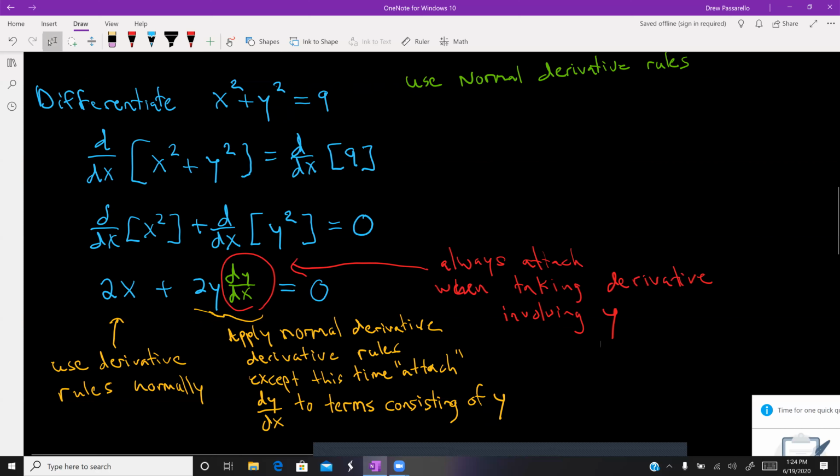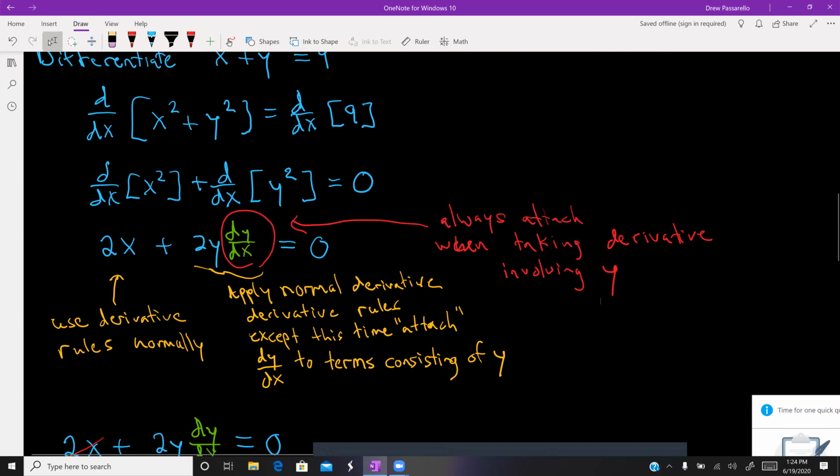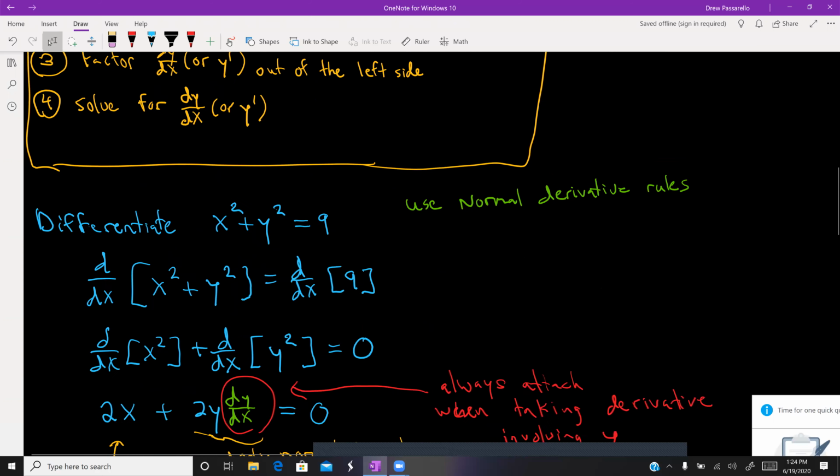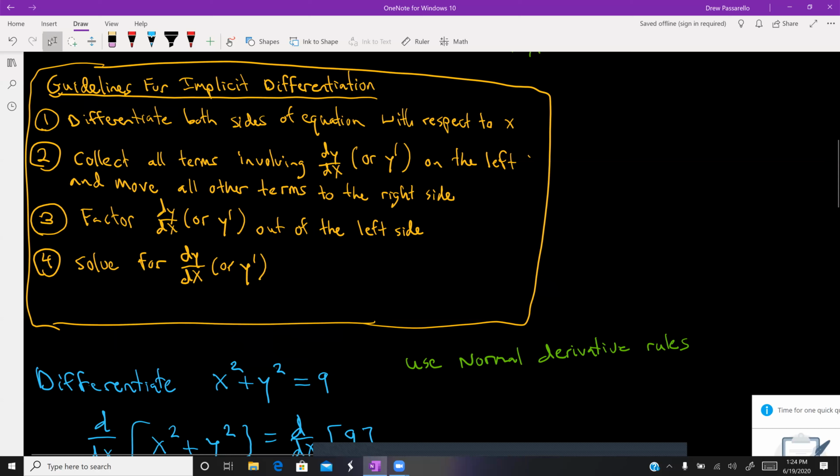All right, and that's what I wrote in yellow or gold. So I have 2x plus 2y, with this dy/dx part attached to the 2y, and then equals 0. All right, that's taking the derivative with respect to x.